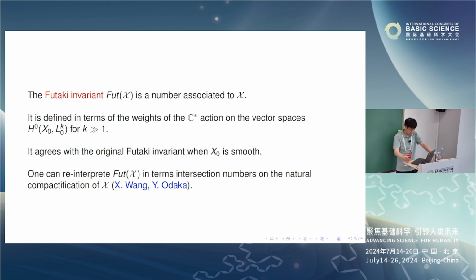So it agrees with the original Futaki invariant for that holomorphic vector field on X0 if X0 is smooth. In algebraic geometry, there are a lot of reformulations and generalizations of this Futaki invariant in terms of intersection numbers and so on. If you open more recent algebro-geometric papers, that's probably the way they define the Futaki invariant.